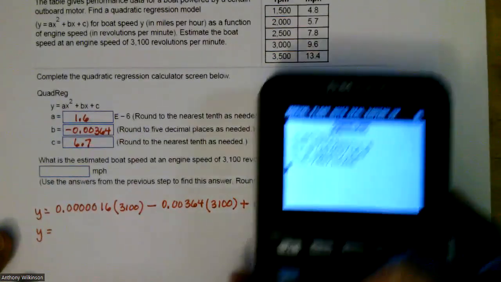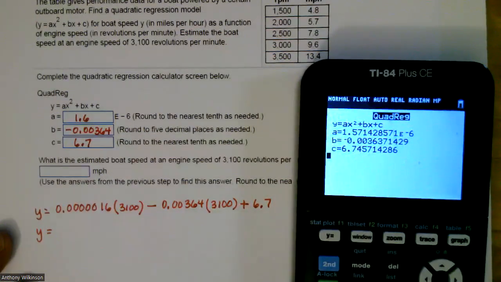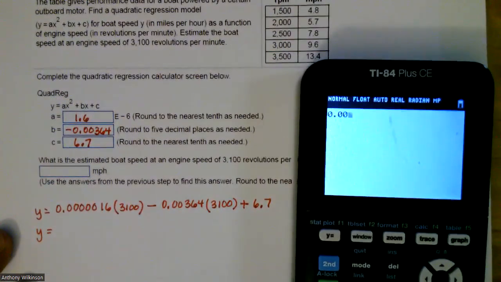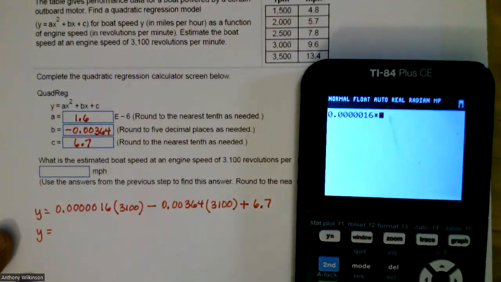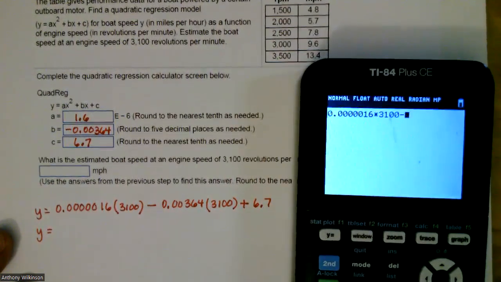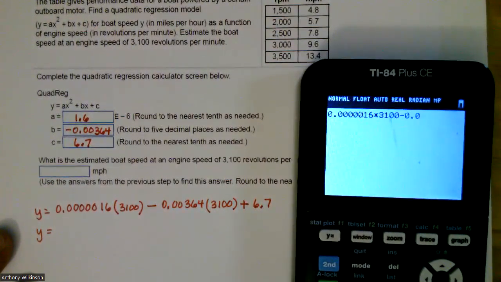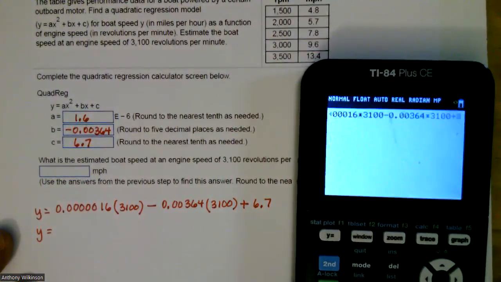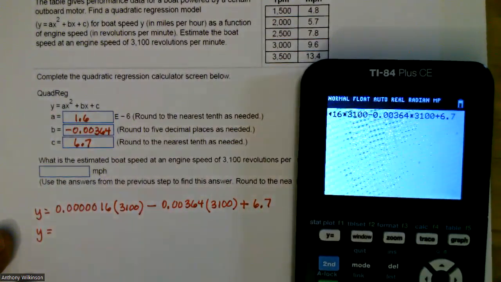And I'll go ahead and show you how that's going to be typed into the calculator. 0.0000016 times 3,100, plus, not plus, minus 0.00364 times 3,100 plus 6.7.